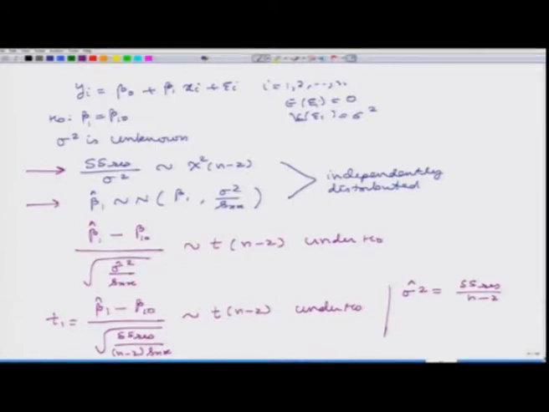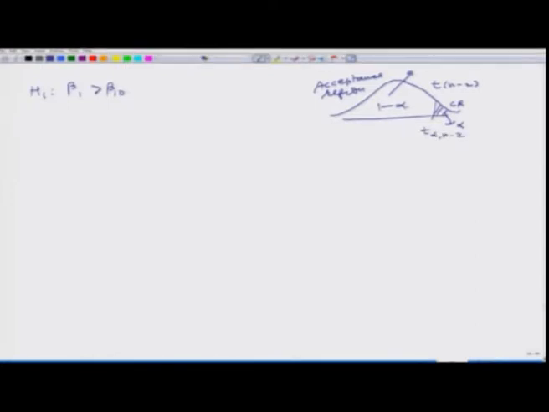Now, depending on the nature of the alternative hypothesis, we can have different types of decision rules. For example, if my alternative hypothesis is beta_1 greater than beta_10, then, as we have done in the earlier case, this is the probability density function of the t distribution with n minus 2 degrees of freedom, and this is the critical region of size alpha, and this is the acceptance region of size 1 minus alpha, and this is the critical value t_alpha,n-2.